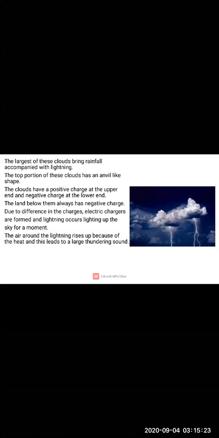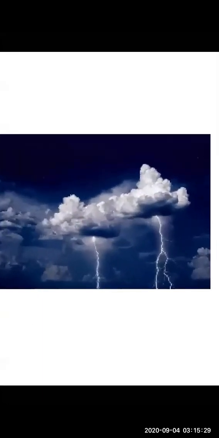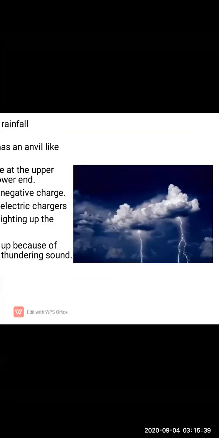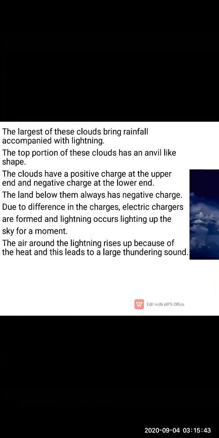Anvil means horizontally extended upper part. See here in this picture, it is horizontally extended at the upper part. So the top portion of these clouds has an anvil-like shape.